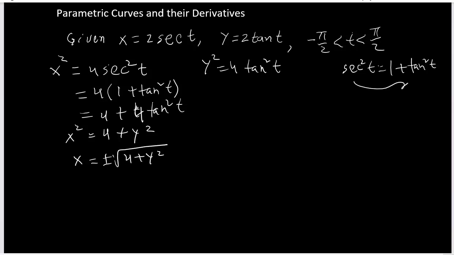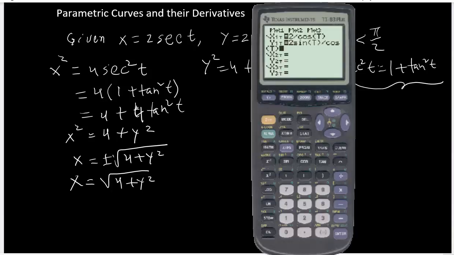Now within this domain, if you draw the graph of this in the calculator, you'll see that I need to take only the positive side. Let me show you in the graphing calculator. And how do you type the function? I have x equals 2 secant t. In my calculator, I have the options like sine, cosine, tangent, so that's why I'm writing secant as 1 over cosine.